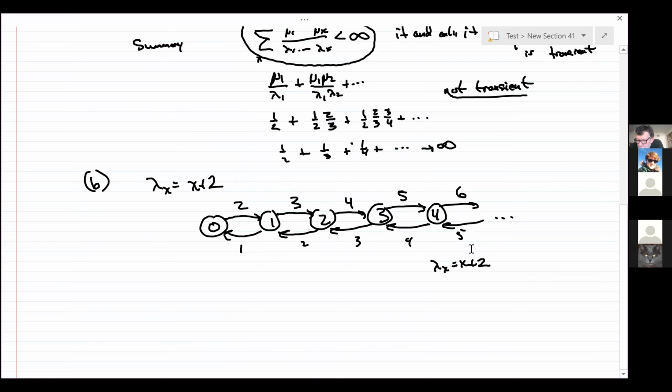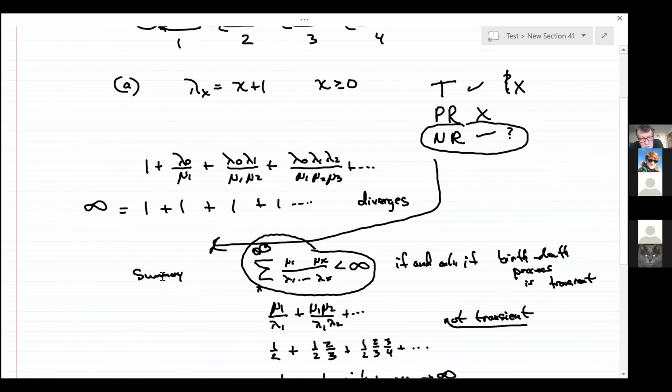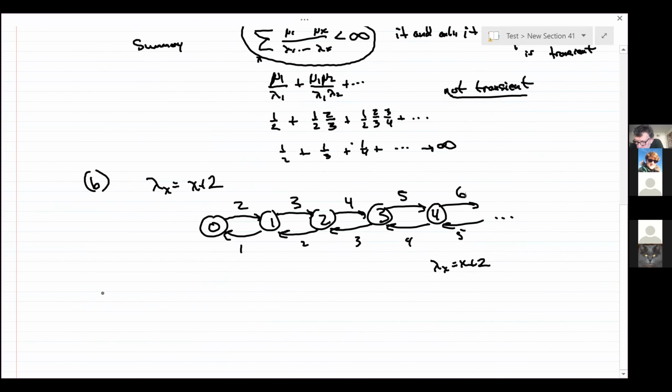So to do what we did in class, we looked at what? It's up there somewhere. It's here, this series. So we looked at 1 plus lambda 0 over mu1 plus lambda 0, lambda 1 over mu1, mu2, and so on. So this would be 1 plus 2 over mu1, which is 1.